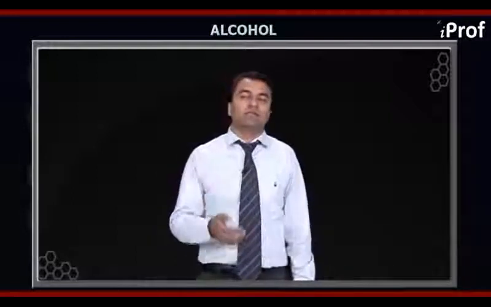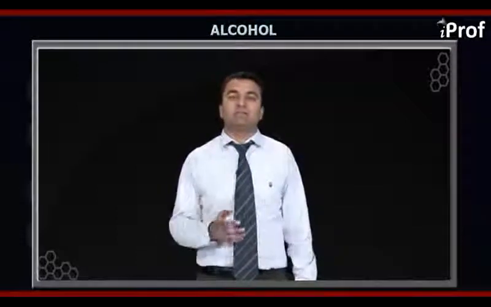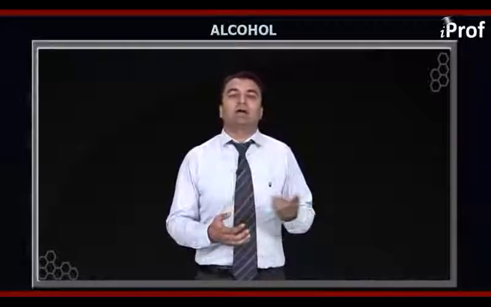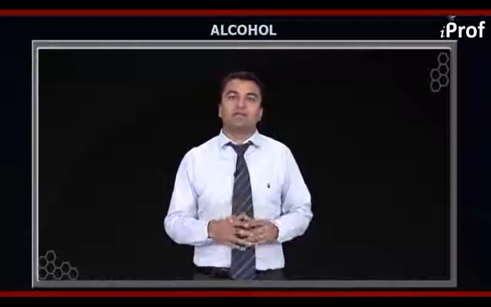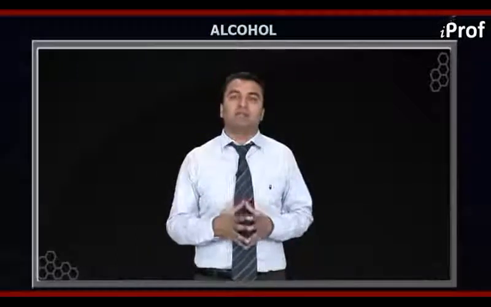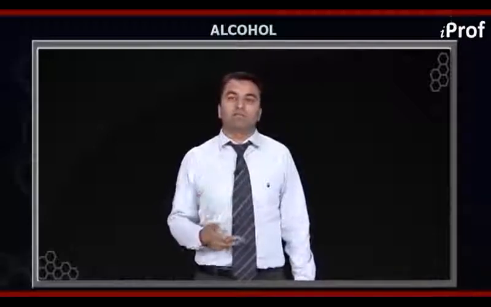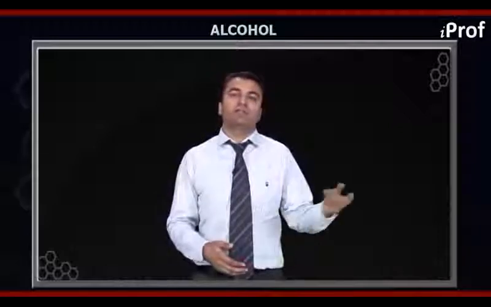Now this method of preparation of alcohols is very useful in different kinds of reactions. By different kinds of reactions, I mean that sometimes in a conversion we need to reduce only one kind of functional group, not the other kind.